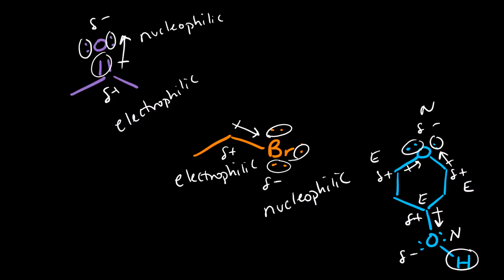And so the reason we're interested in this is because, as you've seen, it's going to determine how the molecule behaves when it's in with another nucleophile or electrophile. And one thing that you'll notice is that all of these molecules on this screen have atoms in them besides just carbon and hydrogen.